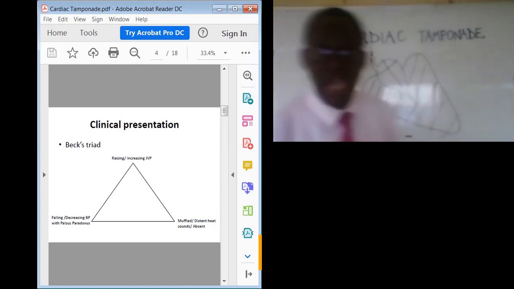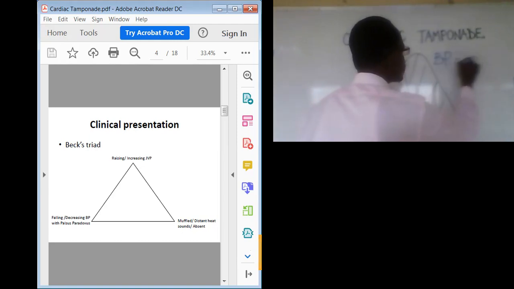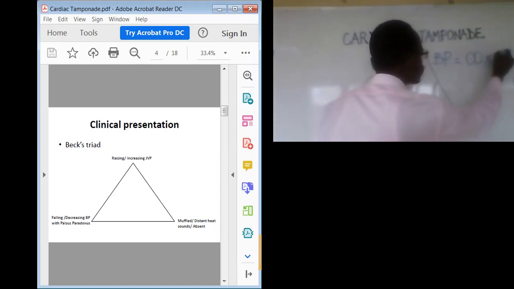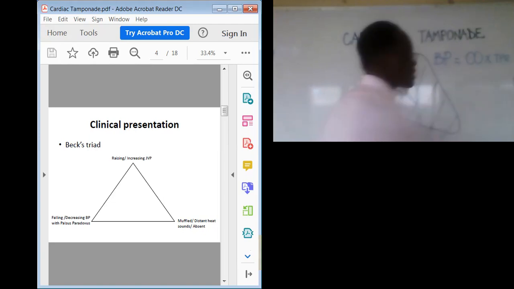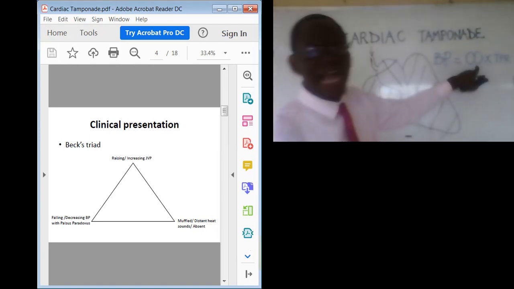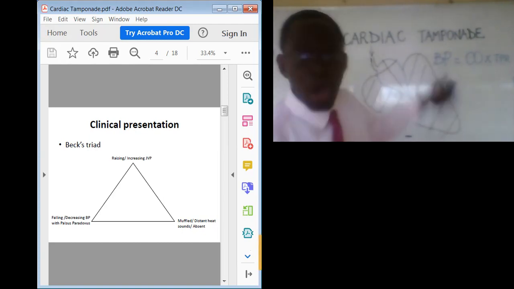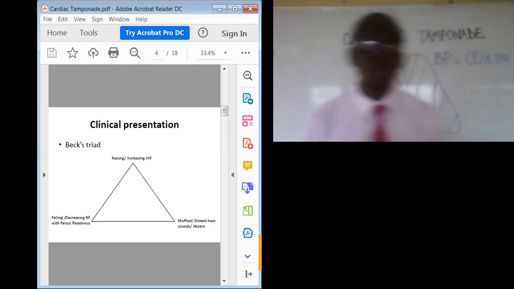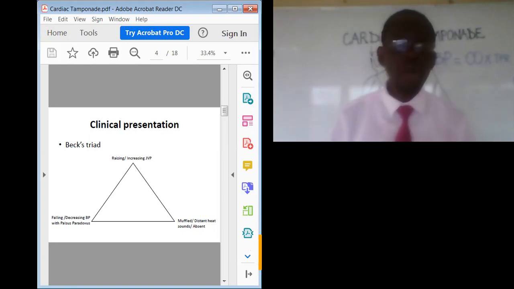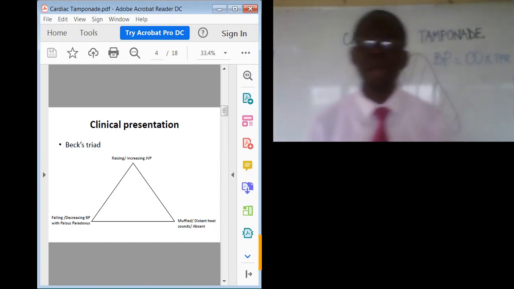Remember, blood pressure is equal to cardiac output times total peripheral resistance. So if we are pumping out little, then the blood pressure will fall. So we have falling blood pressure with what we refer to as pulsus paradoxus.